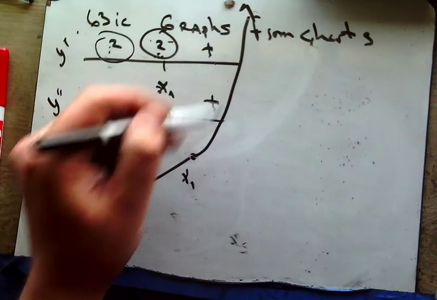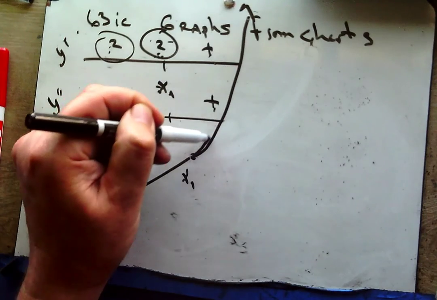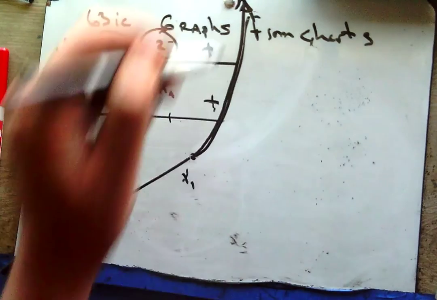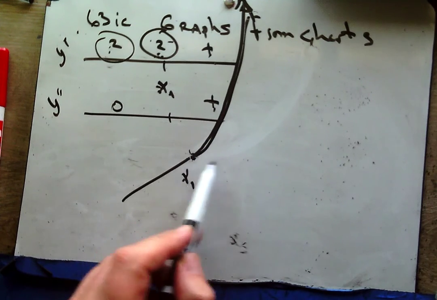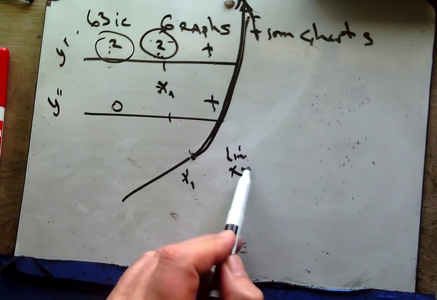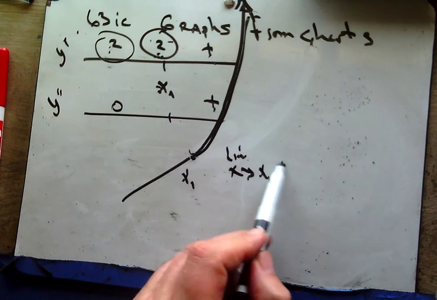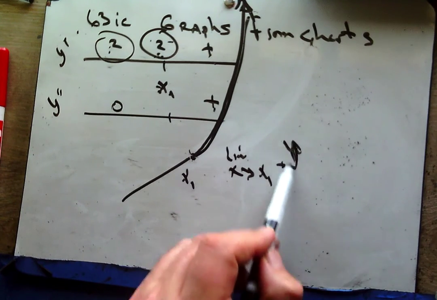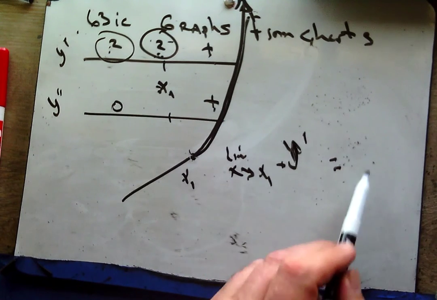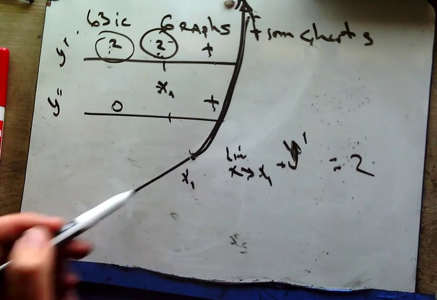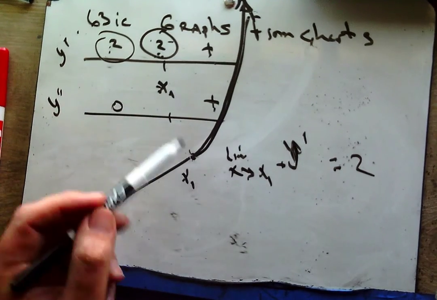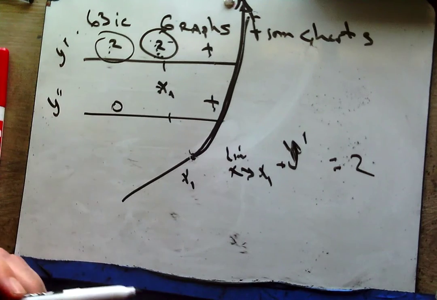And so it's still going to look like a parabola over there. But at that point, the limit as x approaches x sub 1 from the positive side of y prime has got to equal 2 also. The slope over here has to be approaching 2, and the slope here is approaching 2. That's what I understand from that.